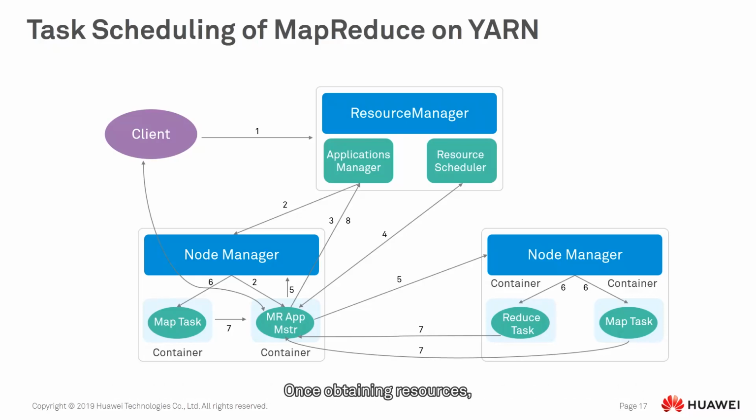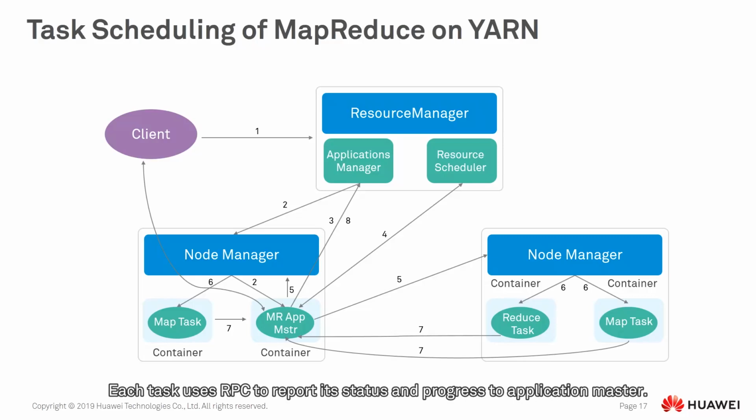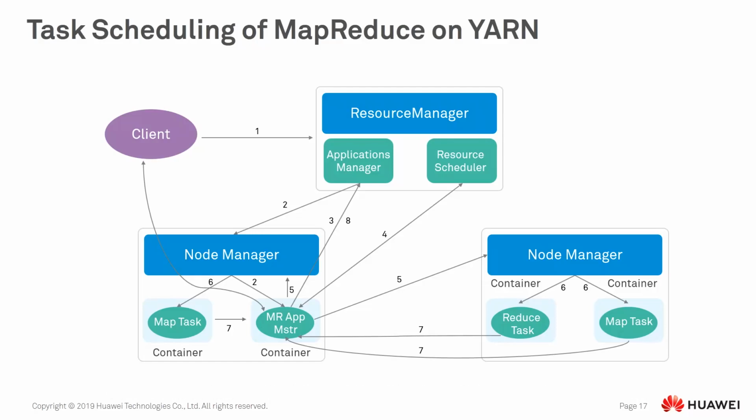Once obtaining resources, application master asks node manager to start the tasks. Then, node managers start the tasks. Each task uses RPC to report its status and progress to application master, so that application master can restart the task if one fails.